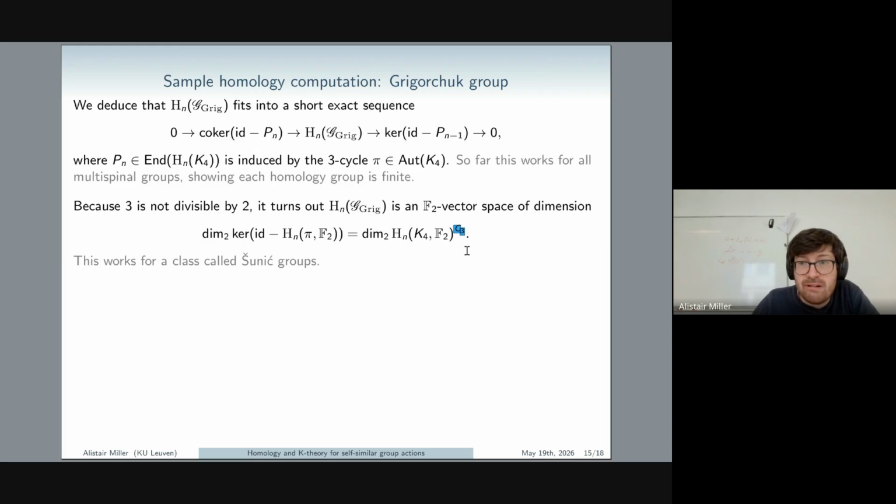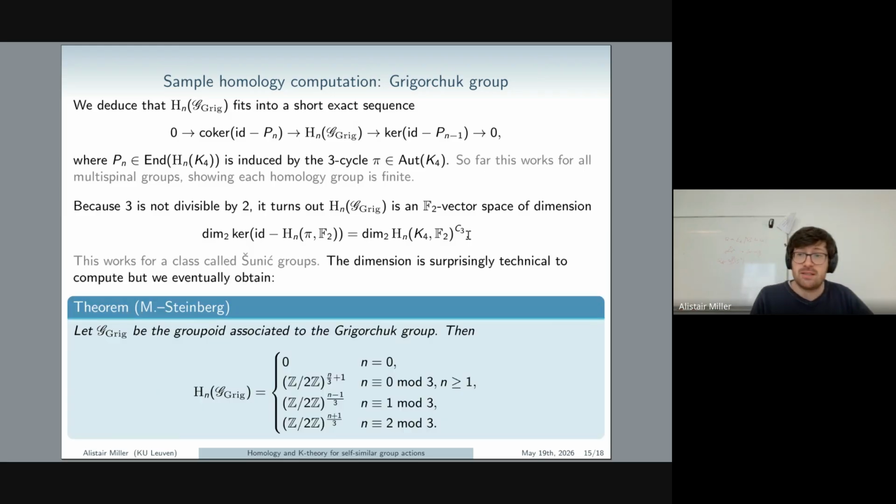So I'm looking at the invariant vectors under the action of the cyclic group of order 3 coming from this 3-cycle that swaps B, C, and D. So this is like, in some sense, a very elementary number. But on the other hand, our argument for computing this was a bit technical, but it's possible.